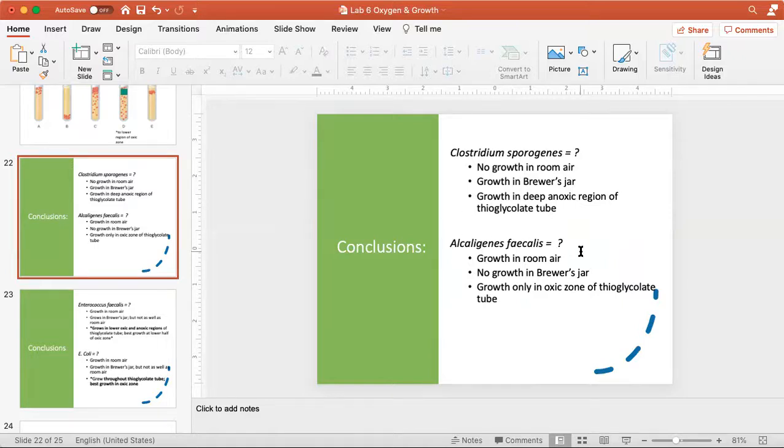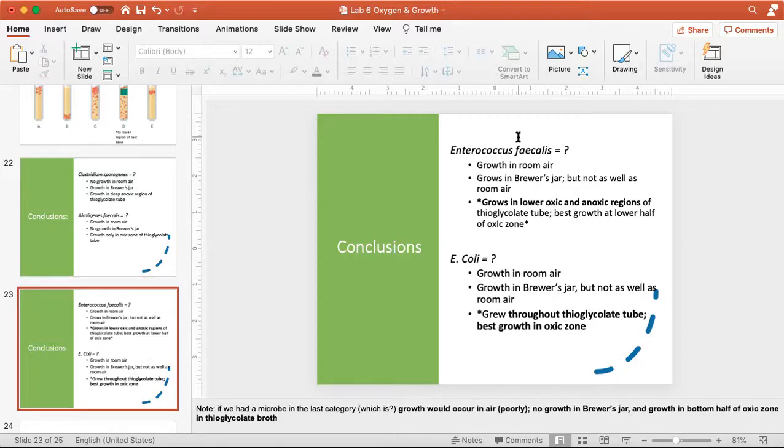Alcaligenes faecalis, obligate aerobe, grows great in room air, no growth in the brewer's jar, and grows only in the oxic zone of the thioglycolate tube.